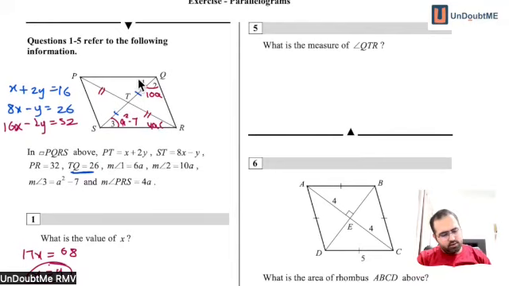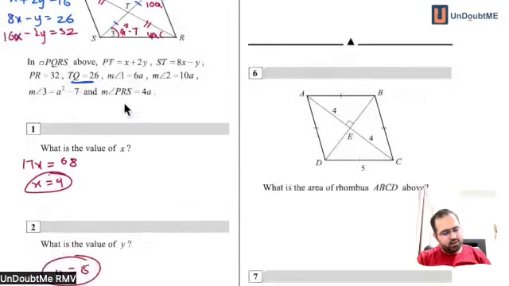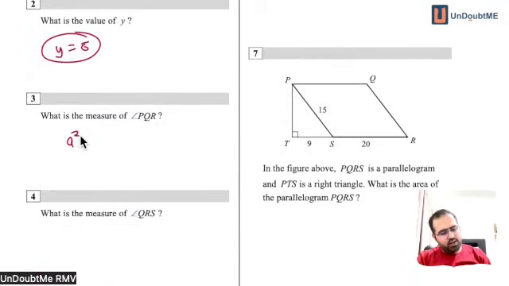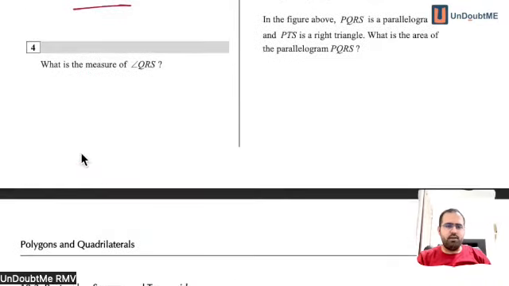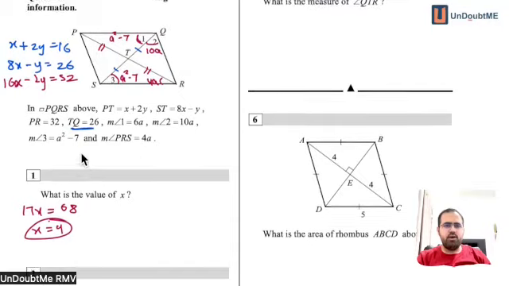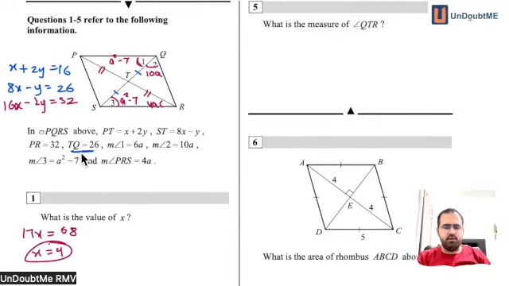PQR means this plus this, so A square minus 7 plus 10A. PQR will be A square plus 10A minus 7. We can leave it in this form only. Then QRS, you try to find QRS.